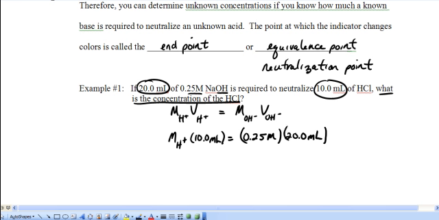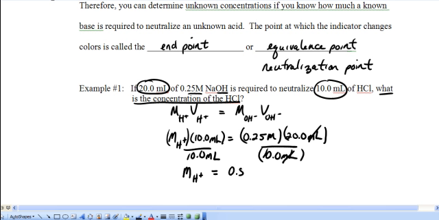And so now we can solve by dividing the 10 milliliters over to the other side. The milliliters divide out. You're left with molar. We're looking for molar, so now the hydrogen concentration is going to equal 0.25 times 20 divided by 10, and that gives me 0.50 molar hydrogen.